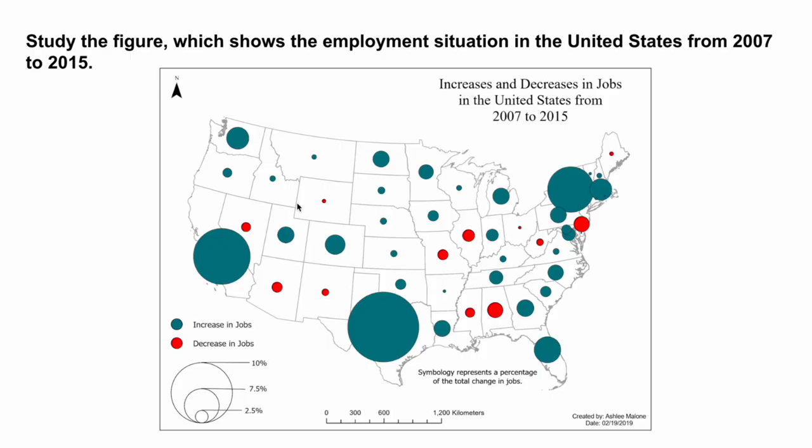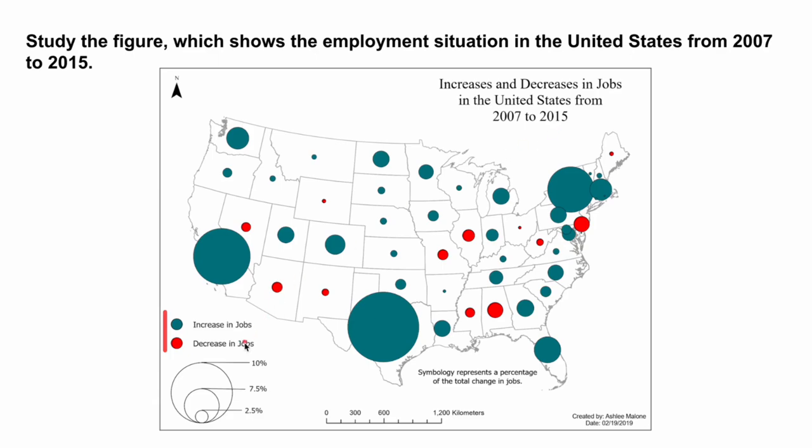Moving on to a combined kind of graph that shows you choropleth and proportional symbols. So you'll see two different legends here. The first one is the choropleth legend, which tells you that this color, blue or bluish green, represents an increase in the number of jobs in the United States from 2007 to 2015.